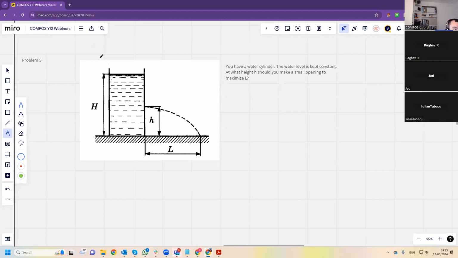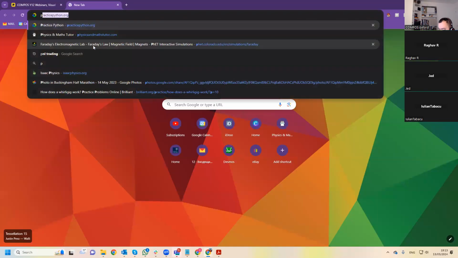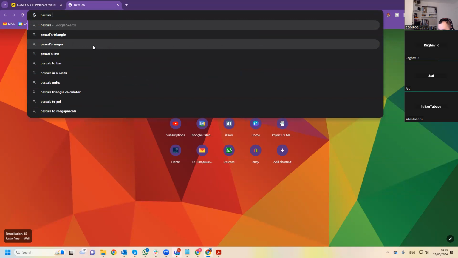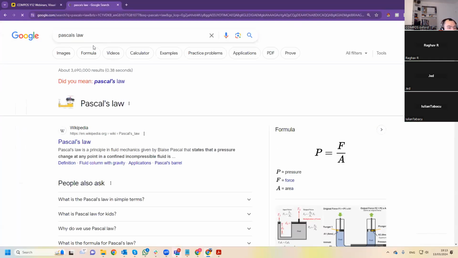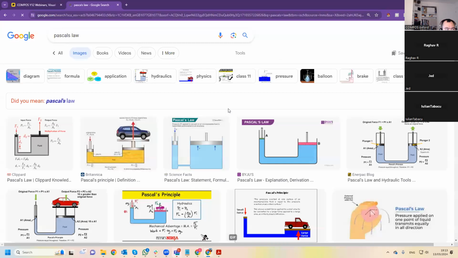So water is being added constantly. At what height h should you make a small opening to maximize the distance? So you've probably seen this picture. So is it Pascal's law? Pascal's law. Probably not that one.